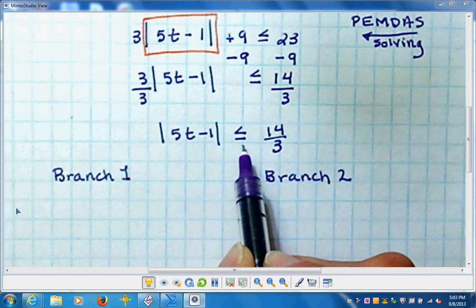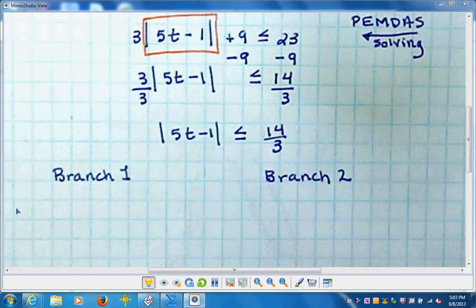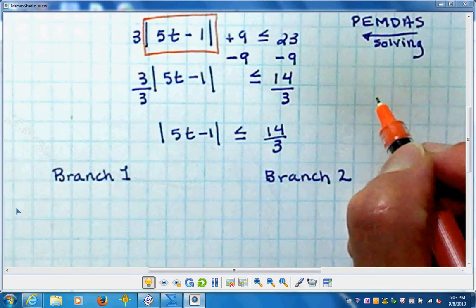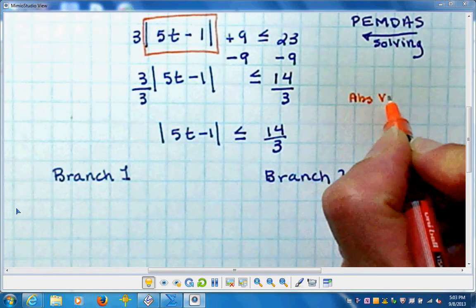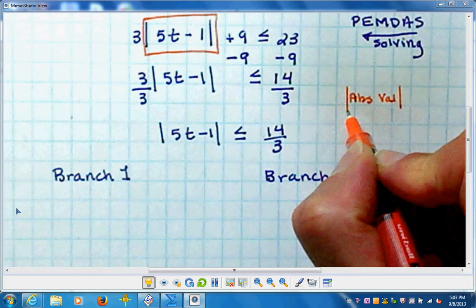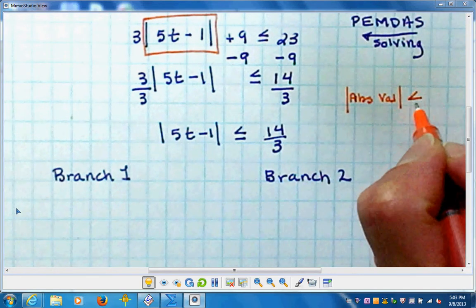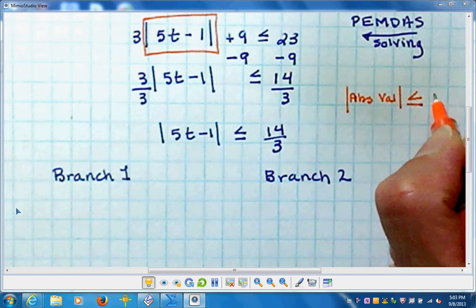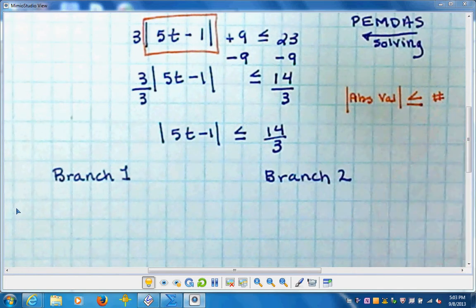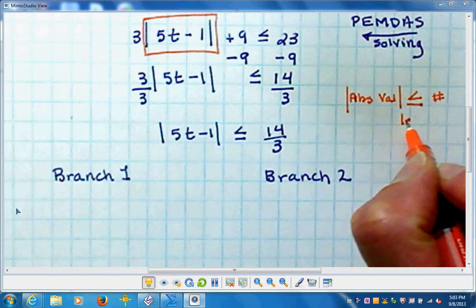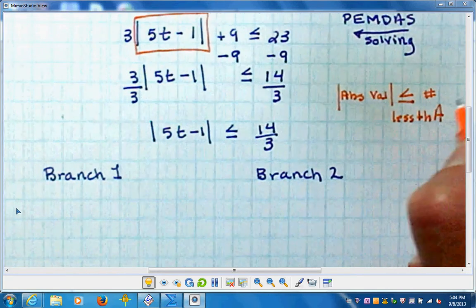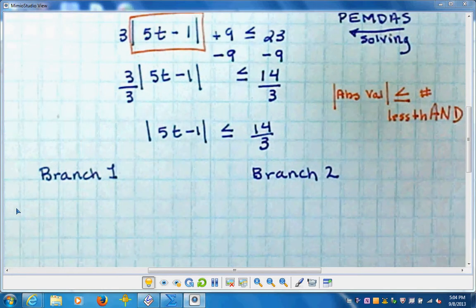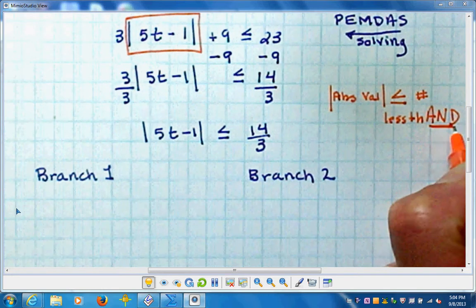So if you remember, let's just do some thinking over here on the side, some remembering, that if my absolute value is less than or equal to some number, what did I say? I said less than. That makes that an AND problem.